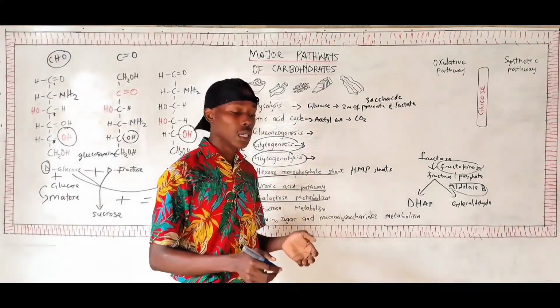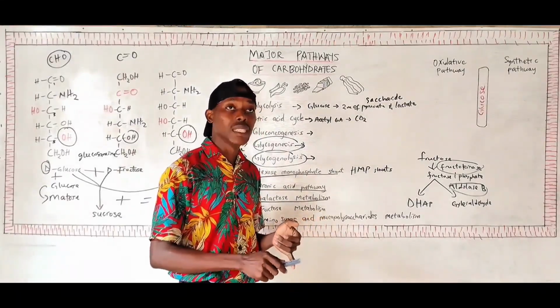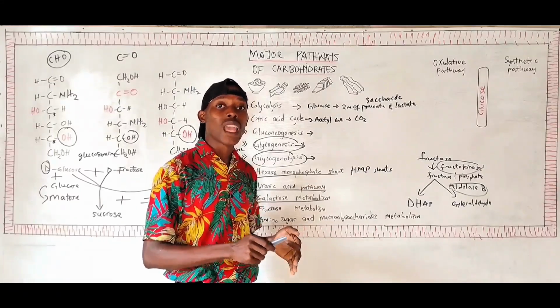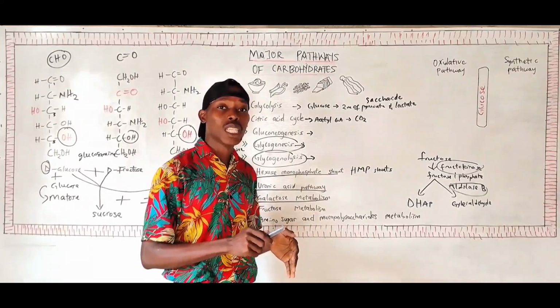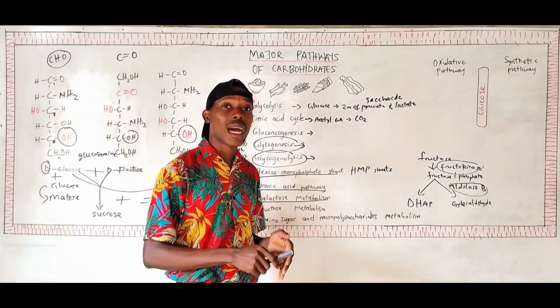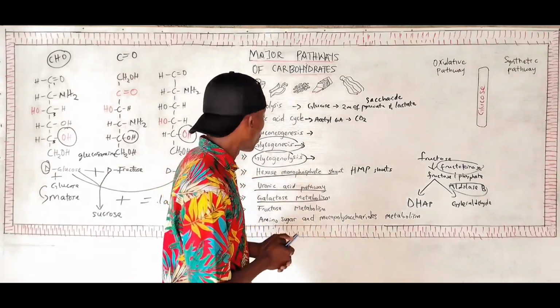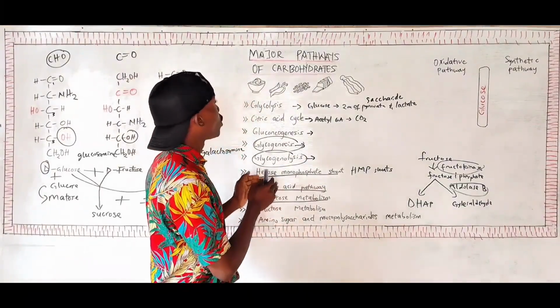Examples are hyaluronic acid, keratan sulfate, heparan sulfate, chondroitin sulfate, dermatan sulfate, and heparin. Hope you understand that. All right, so that is all about the video on pathways of carbohydrates.